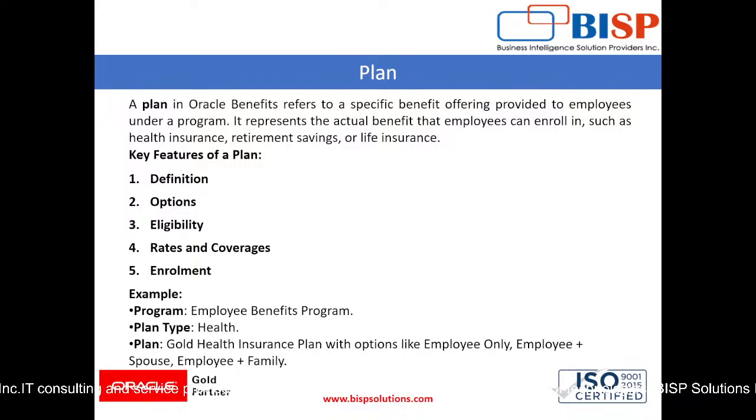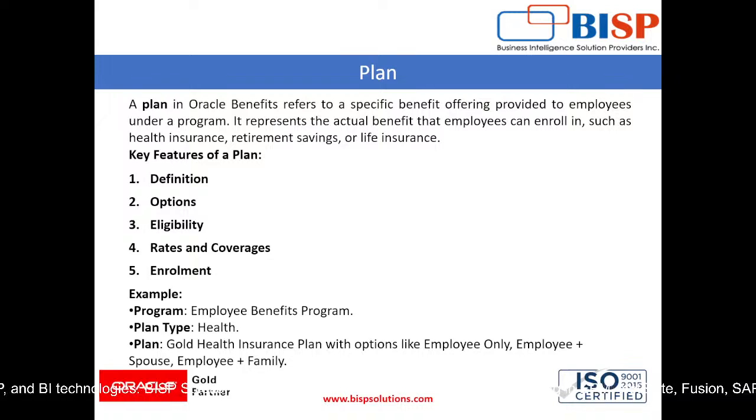The third key feature is your eligibility. Plans are linked to an eligibility profile to define which employees can access them. So inside plans you will attach your eligibility profile.